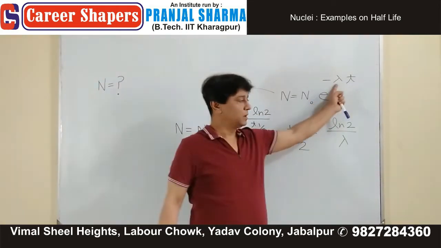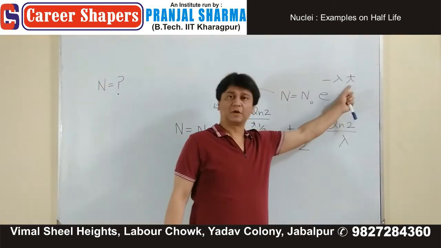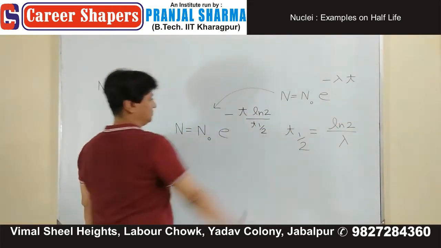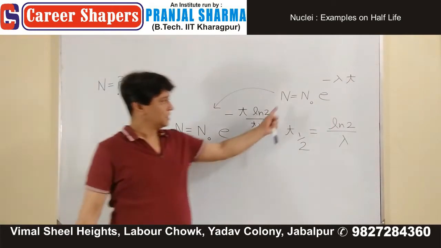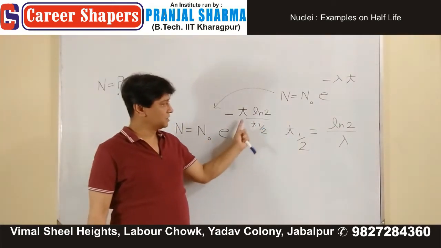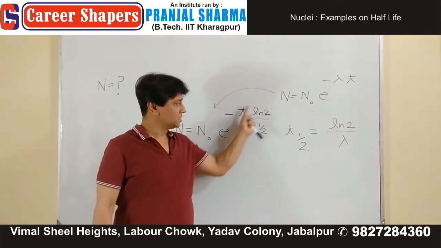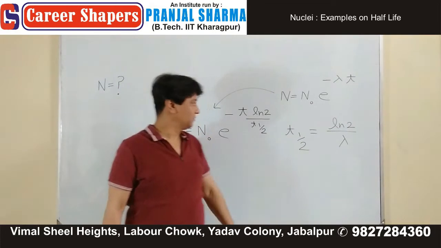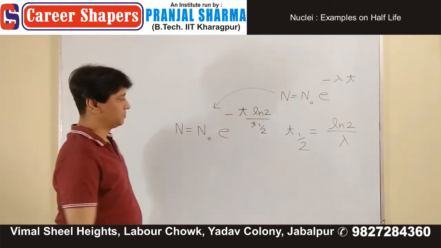This is lambda, and you also have the term of t. That's your t. N naught e to the power minus, this is lambda, ln2 divided by t half multiplied by t.